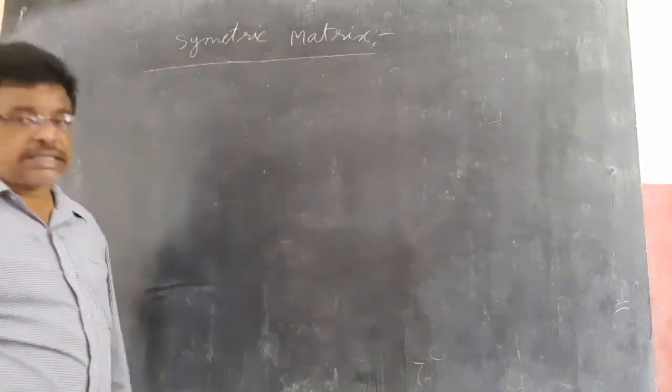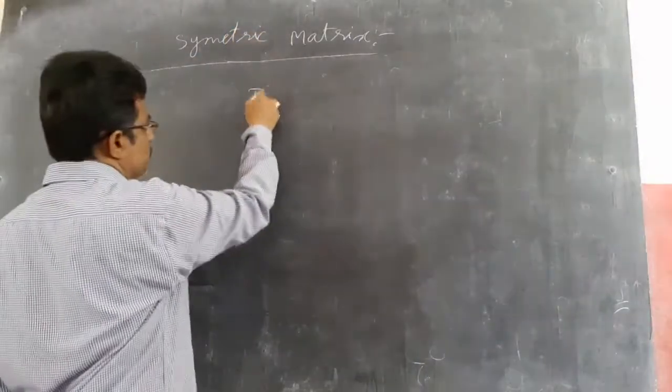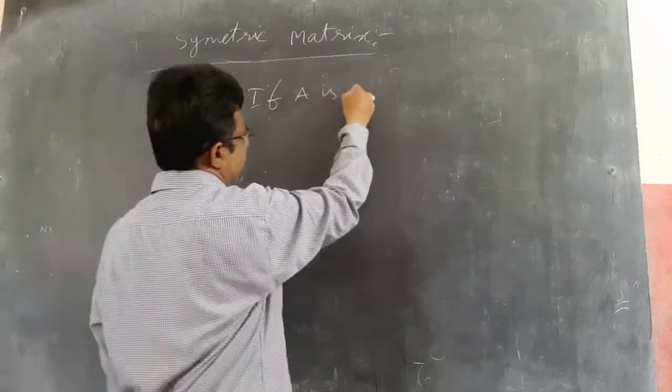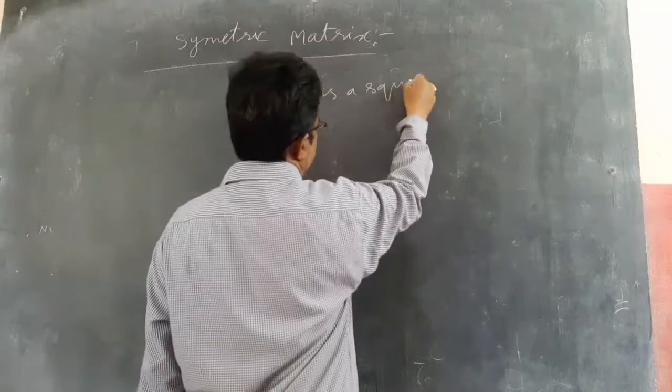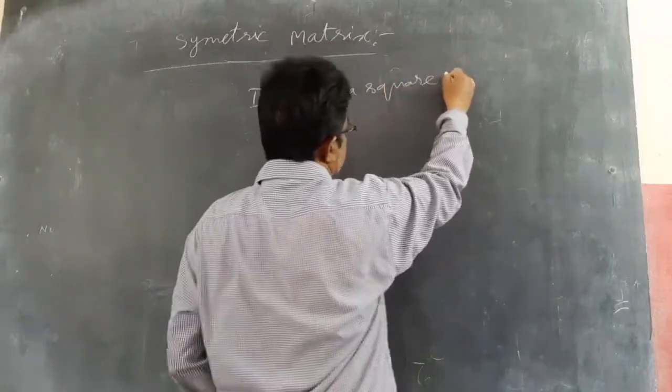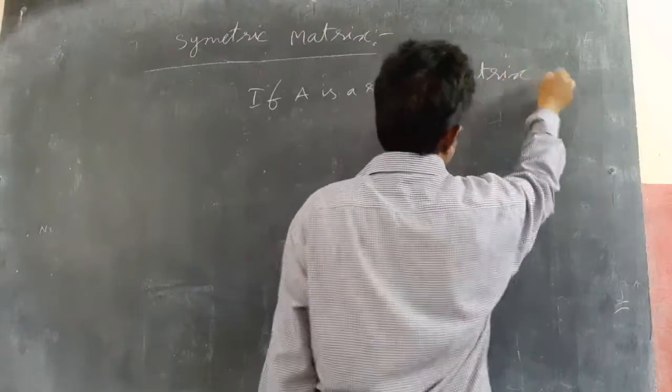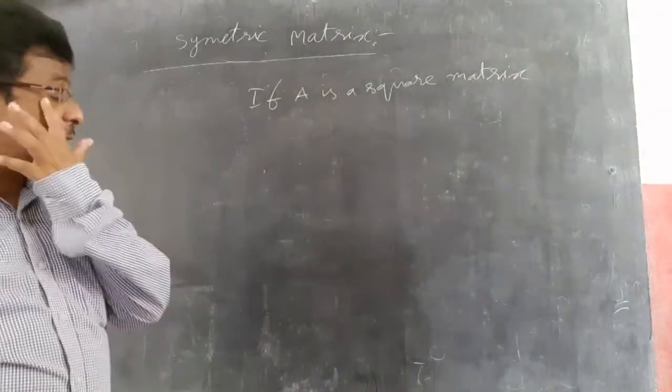A symmetric matrix is nothing but: if A is a square matrix, first of all, a square matrix, and for the transpose also it should be a square matrix. I forgot to tell you.